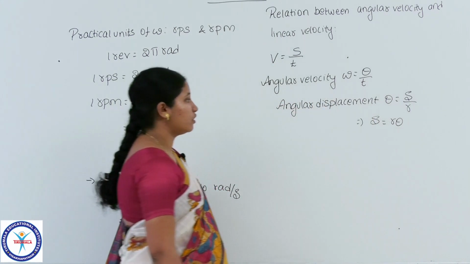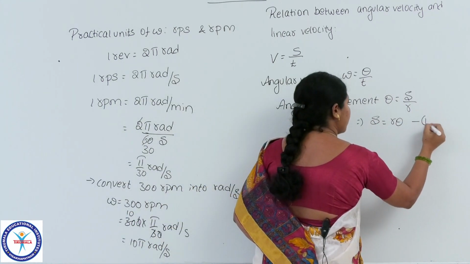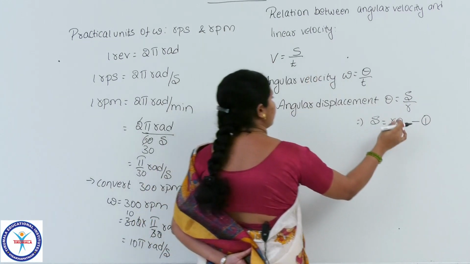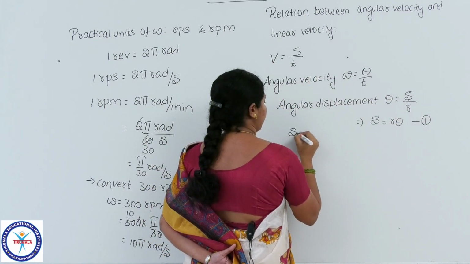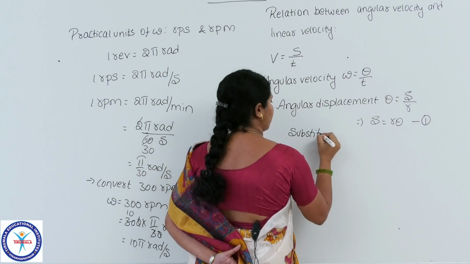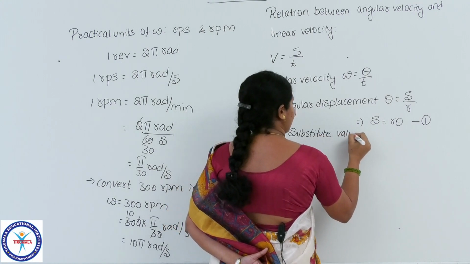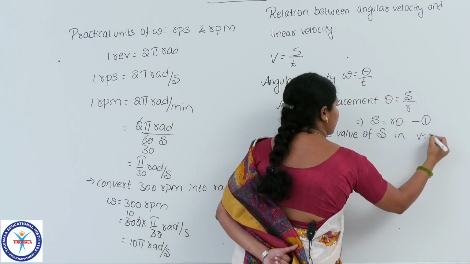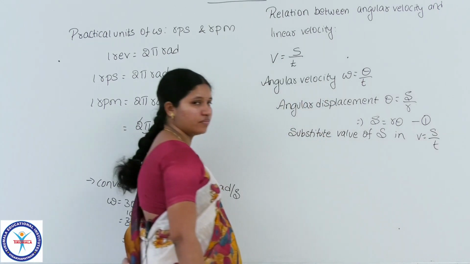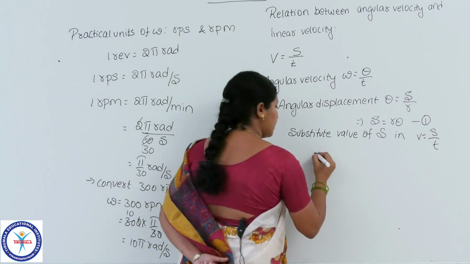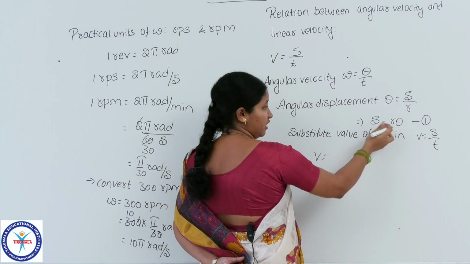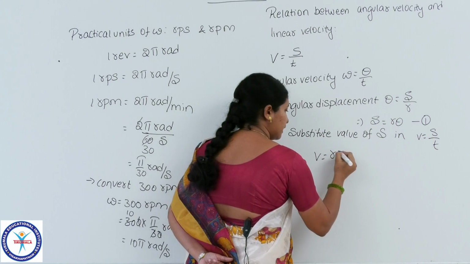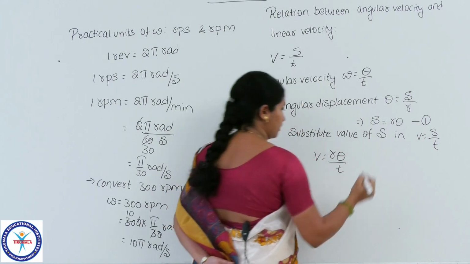So substitute this value of S in V is equal to S by T. So linear velocity V is equal to, what is the linear displacement formula? R theta divided by T.